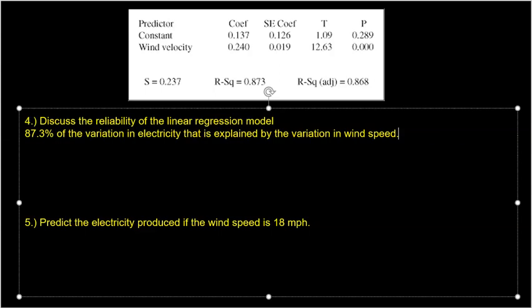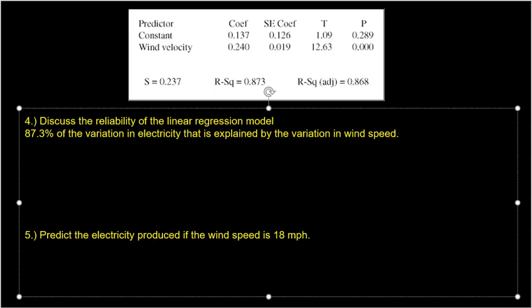So it's this idea that when we look at our data, we have lots of different electricity in amps, we have lots of different wind speeds in miles per hour, and 87.3% of those different electricities is explained by the different wind speeds. So that's pretty strong, right? I mean, that's pretty good, right?